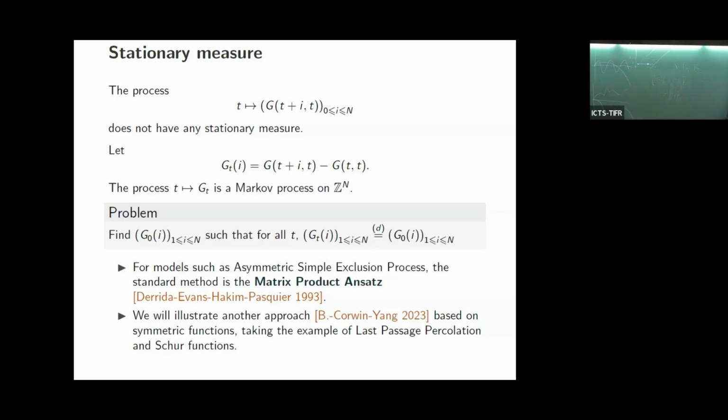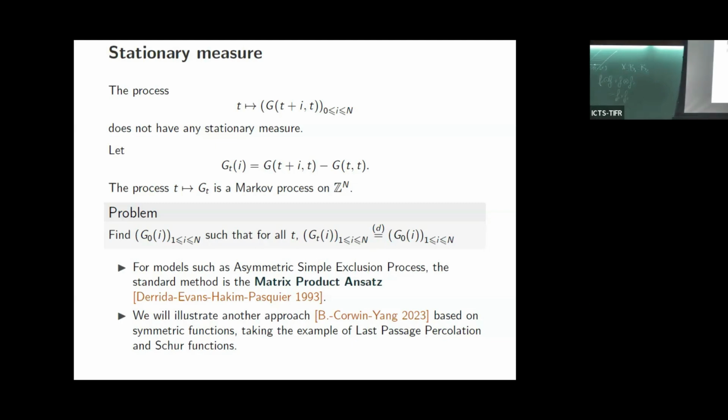So the problem now is to find a distribution on the initial distribution G0, such that for every later time t, my increments, which I denote by GTI, these increments, the difference of last passage time here minus here, have the same distribution as my initial distribution G0. This is called then a stationary measure.